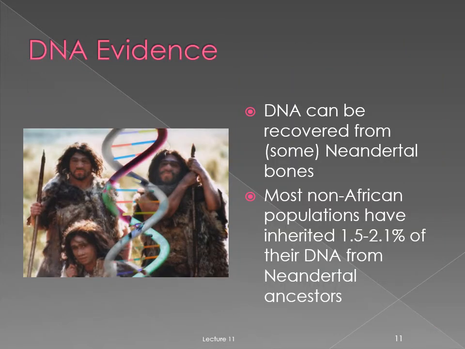We also now have near definitive proof that interbreeding of some sort did take place between Homo sapiens and other pre-modern populations. Most significantly, Neanderthals. This proof is the DNA evidence we discussed last lecture, showing that modern non-African populations have 1.5 to 2.1% of their DNA inherited from Neanderthals.